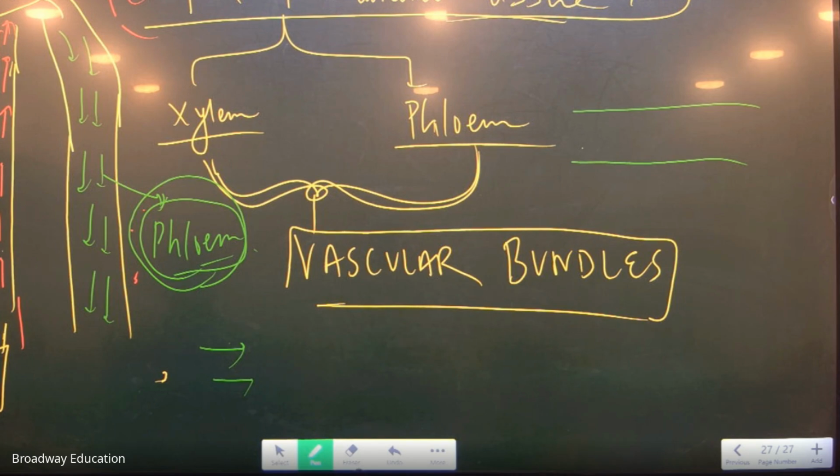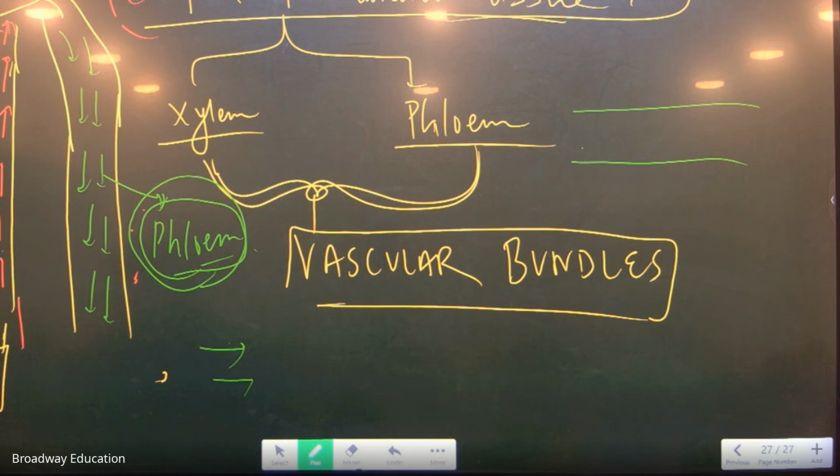Very important. Because you know why? Because the dead xylem lies in the center of the plant, and that is regarded as the toughest or the hardest wood of the plant.